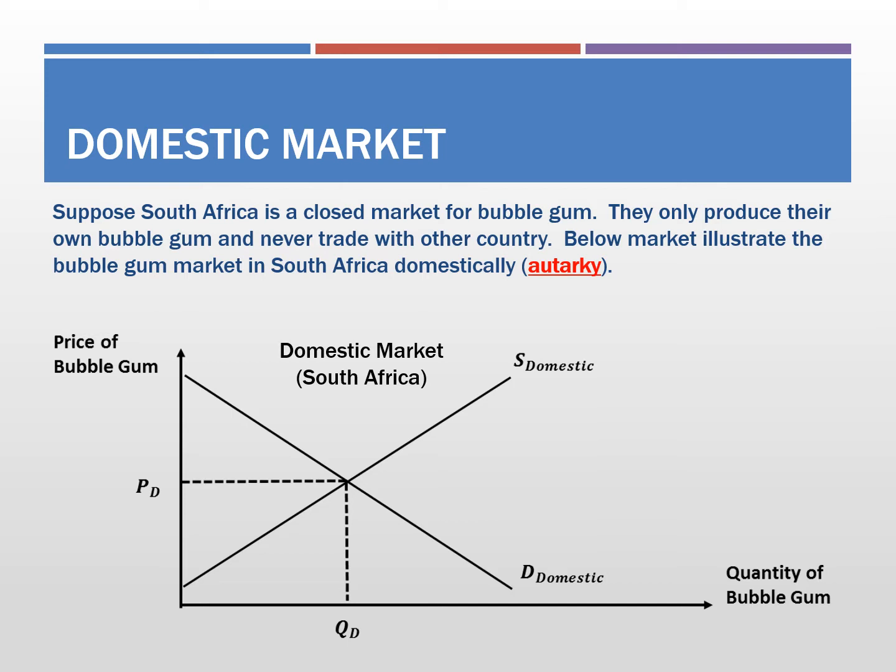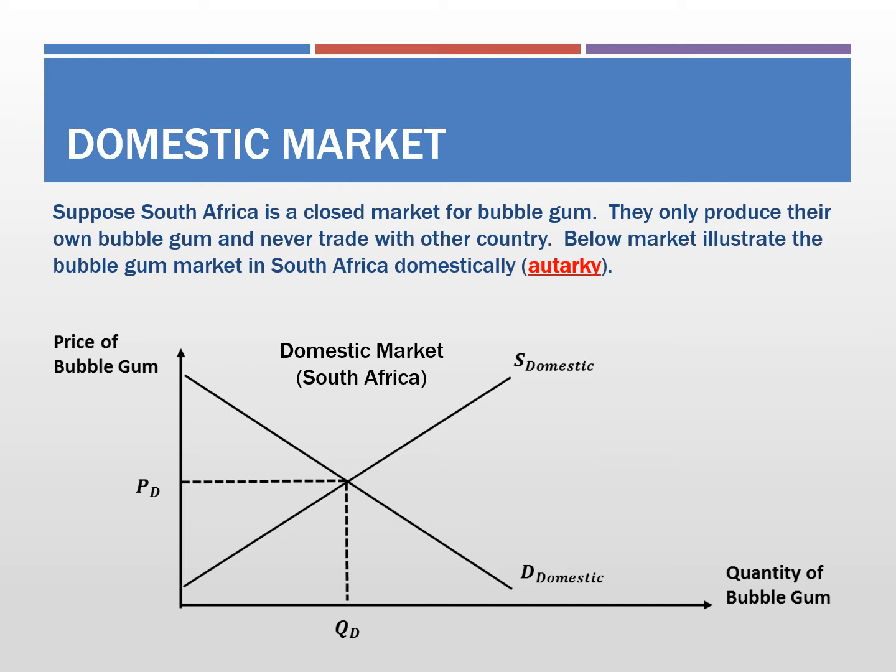This is a case where we say that South Africa is a closed economy, or in autarky. That is the word we use to describe the closed economy situation. In this case, calculating the consumer surplus and producer surplus is not difficult because we have done this so many times in the previous chapters.